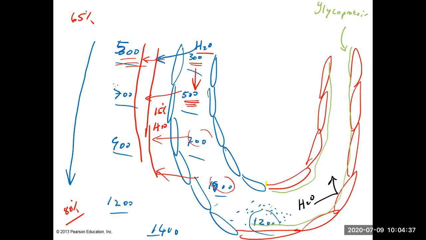Nothing. The ascending loop of Henle is impermeable to water. That's the important thing you want to get at. However, in the ascending loop of Henle, there are important sodium, potassium, and chloride ion pumps.